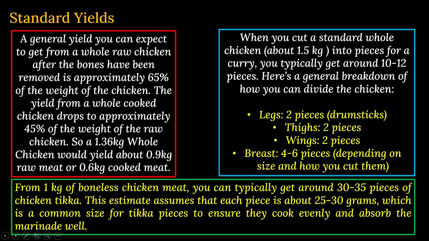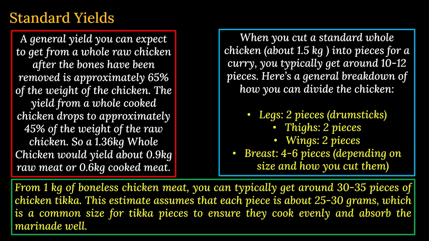Breast, 4 to 6 pieces. Why? There are 2 breasts. Each breast can be cut into 2 pieces each, then 4 pieces altogether we are getting. If the breast is a little bigger, then we can cut it into 3 pieces each. That means 6 pieces. So if you add up the entire thing, you get either 10 pieces minimum or 12 pieces maximum. That is the standard yield.